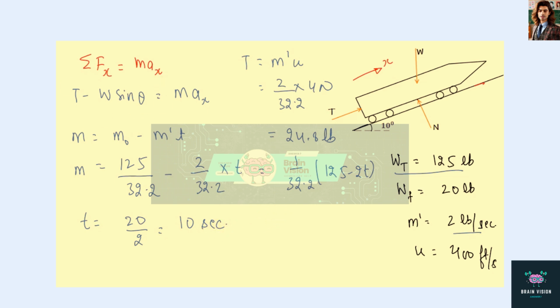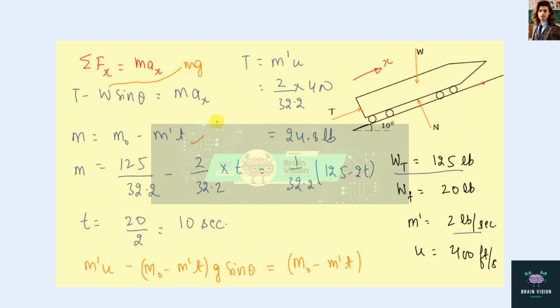Now let us put the values. For the thrust force we have m dot u, minus the weight mg, and m we have as m naught minus m dot t, times g sine theta, is equal to m as it is, or we can write m this way also: m naught minus m dot t times dv over dt.